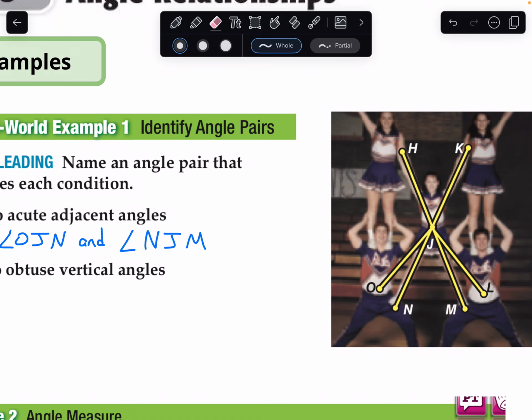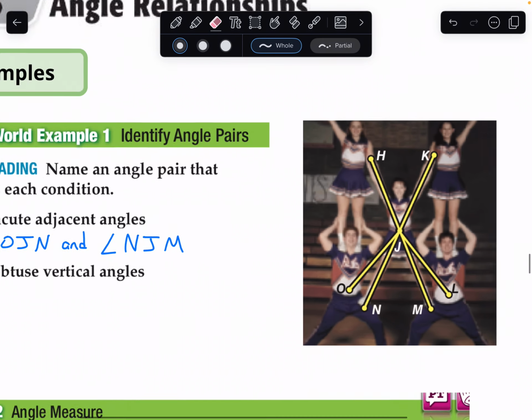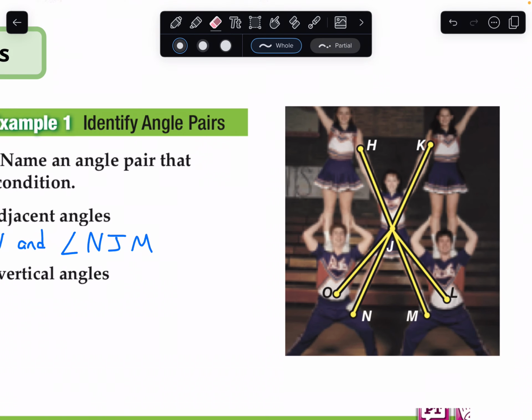All right. How about two obtuse vertical angles? This one's kind of easy. There's only two obtuse angles in the whole thing, and they are, wait, hold on. They have to be vertical angles, which means they have to be made by intersecting lines. The ones I've just highlighted are not intersecting lines.